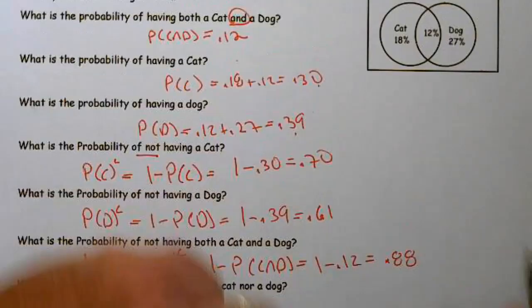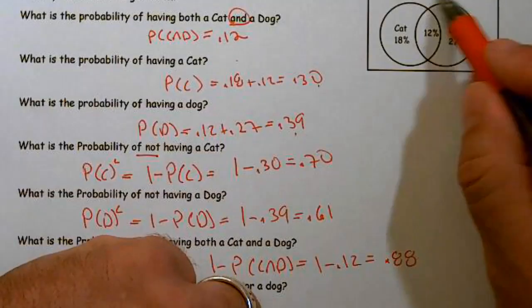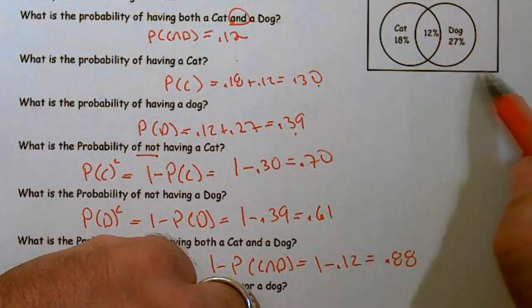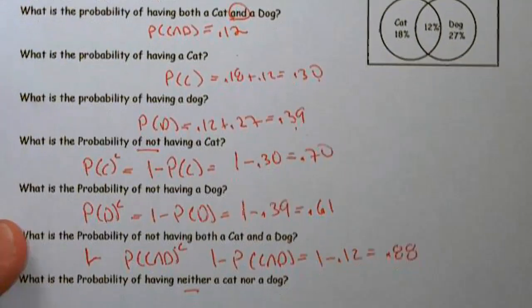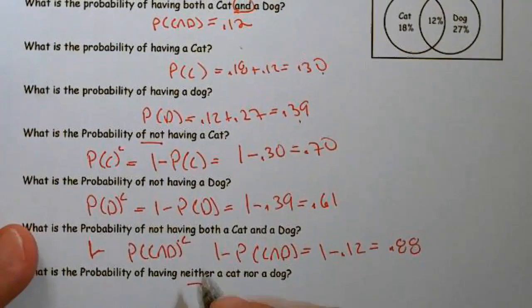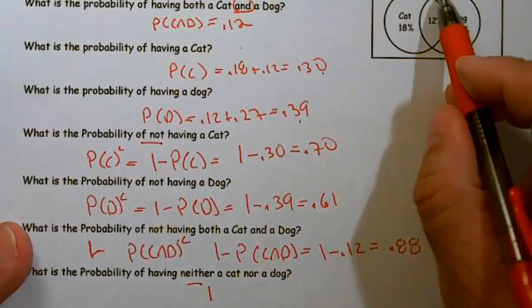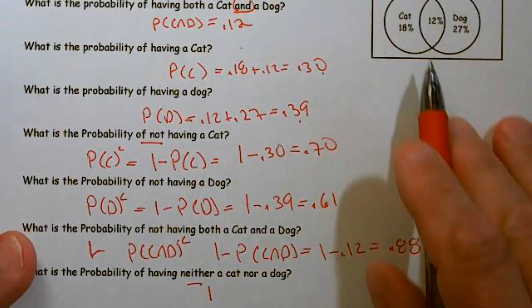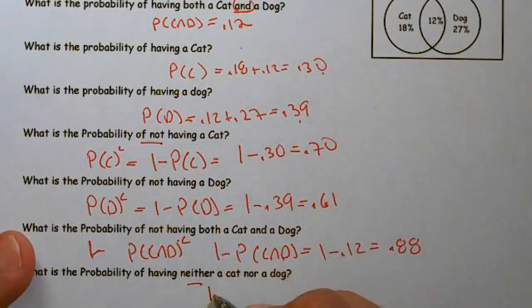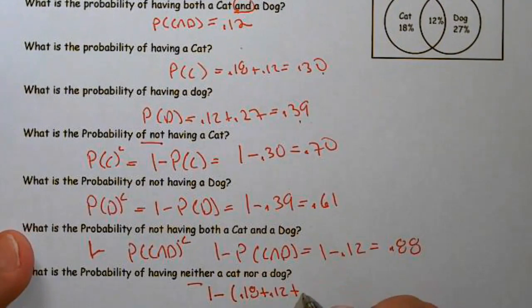Oh, here's neither. Well, neither is given by this area out here. All right. So how do I go about doing that? Well, remember, this whole thing has to be a valid probability distribution, which means it has to sum up to 1. So 1 minus (0.18 plus 0.12 plus 0.27).